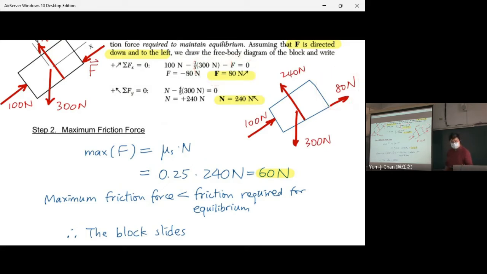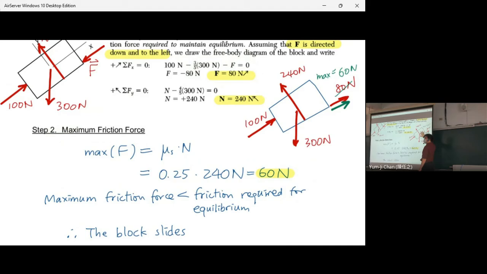But we say that the maximum friction force is 60 Newton, so we cannot have 80 Newton here, but we can only have 60 Newton here. So in this case, we need 80 Newton to keep it here, but now we only have 60 Newton.